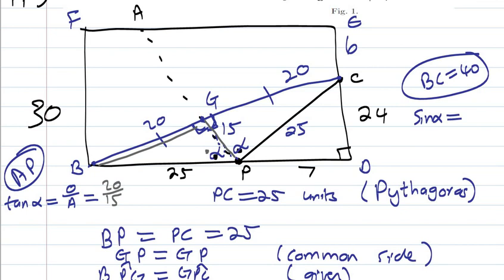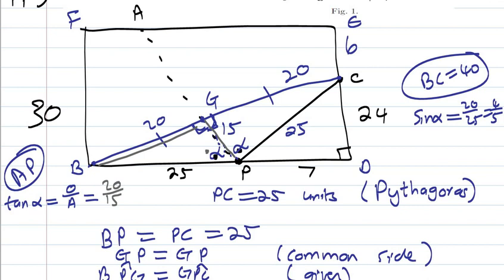Who can tell me what sine alpha is in this diagram? Do you know the formula for sine alpha? Yes, it's 20 over 25, which is 4 over 5. Good stuff, everybody that is saying 4 over 5 or 20 over 25.